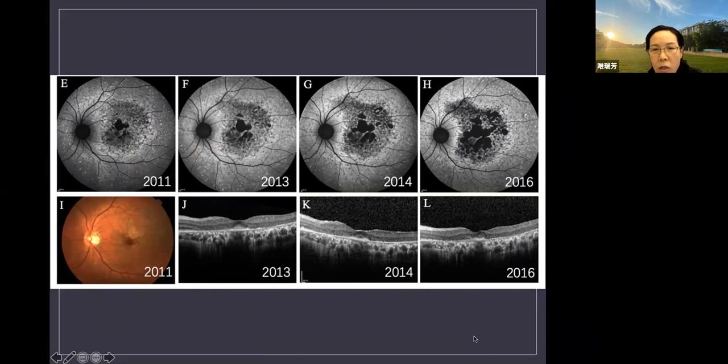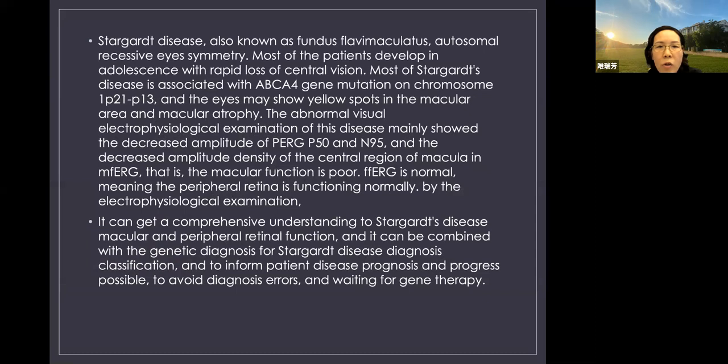So for a patient, if we want to use functional evaluation for their macular and retinal function, we can choose PERG and FFERG. In the early stage, the PERG is abnormal, but the flash ERG may be normal.